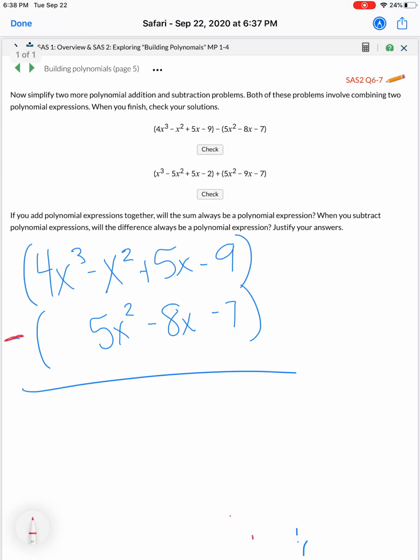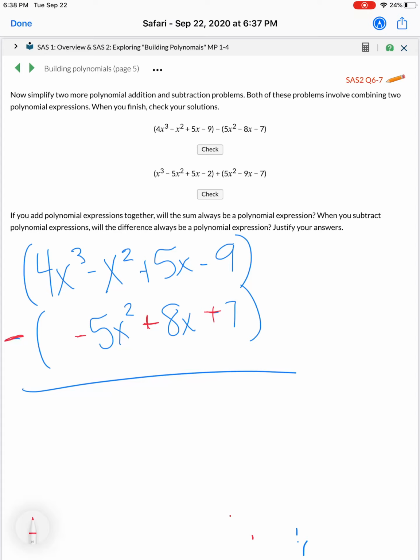There's my setup. So now I have to take this negative sign and change every sign next to it. So this becomes a negative 5, this becomes a positive 8, and this becomes a positive 7.